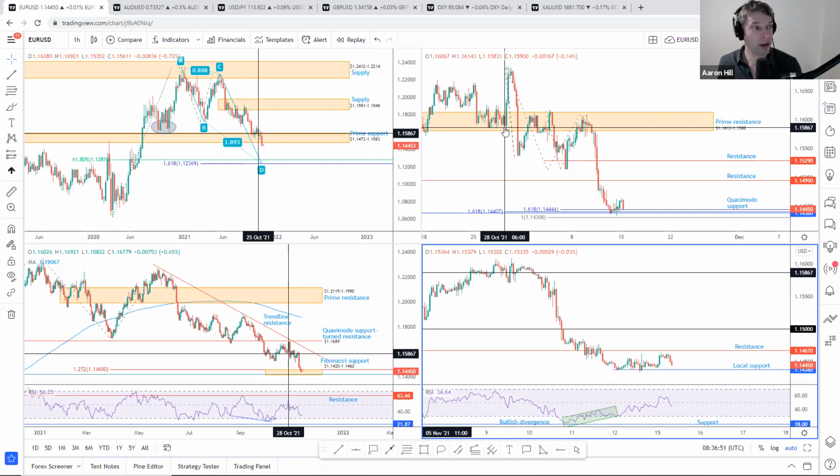Now, in terms of currencies, the Australian dollar and New Zealand dollar pairs are strongly higher this morning on the back of positive China data overnight. China retail sales year on year came in at 4.9%, while industrial production year on year came in at 3.5%.